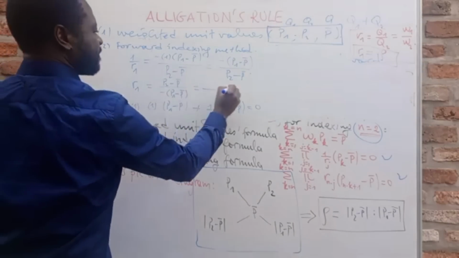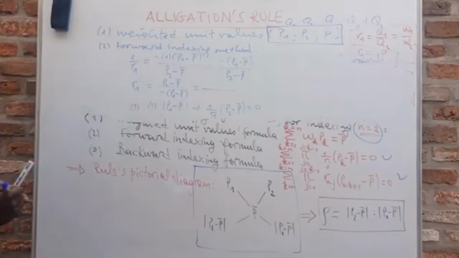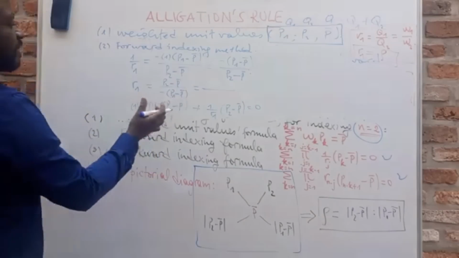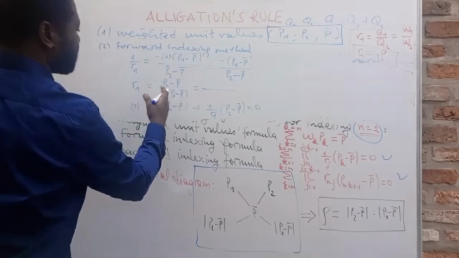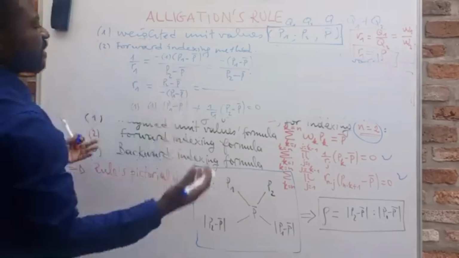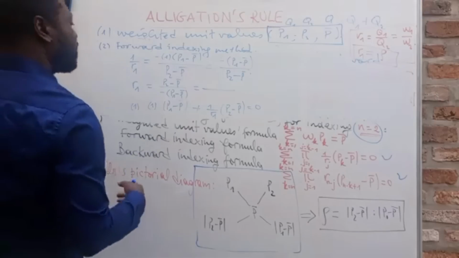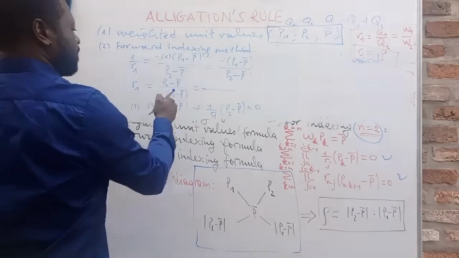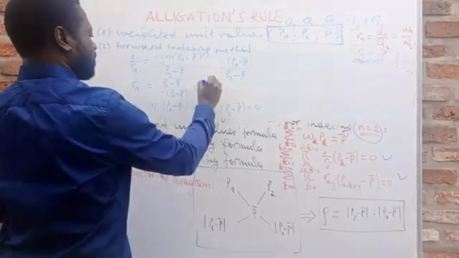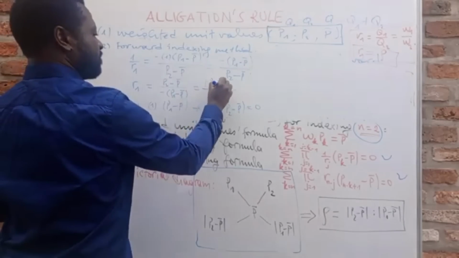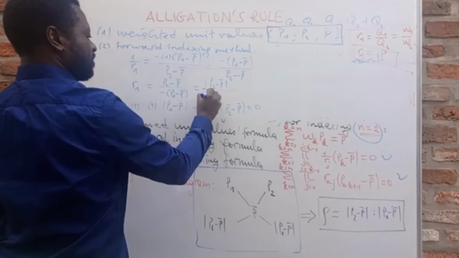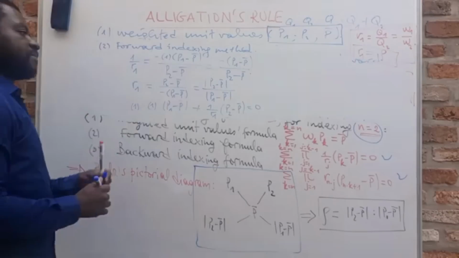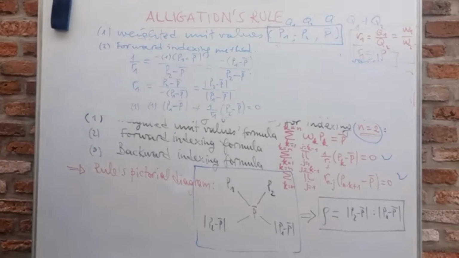So this is equal, we don't need to restrict ourselves to the fact that P sub 2 is greater than P bar or is less. Likewise for P sub 1. The reason why we take absolute value, in this case of P sub 1 minus P bar, is because we don't know negative weights.